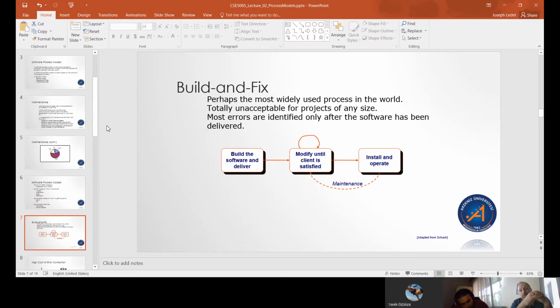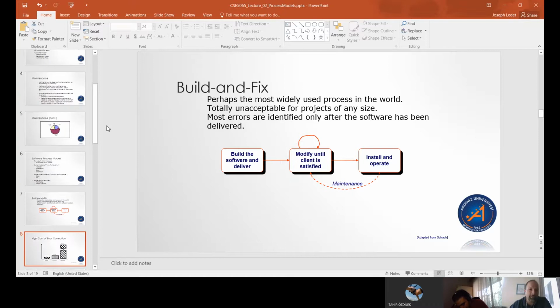It's like I said, it's the reason why first-year programmers do this, because they just sit down and start typing, right? But for any project of any real size, this is not going to be an acceptable process, because it's going to cause a lot of problems, a lot of errors, and it will cost more in the long run.